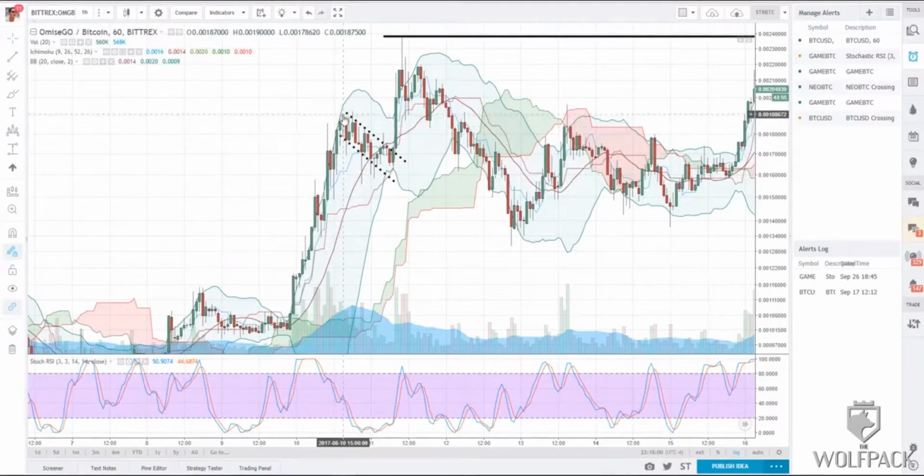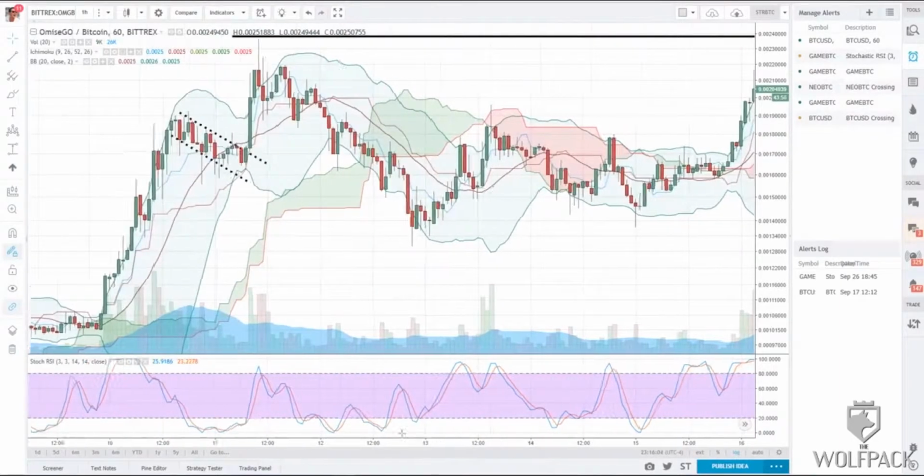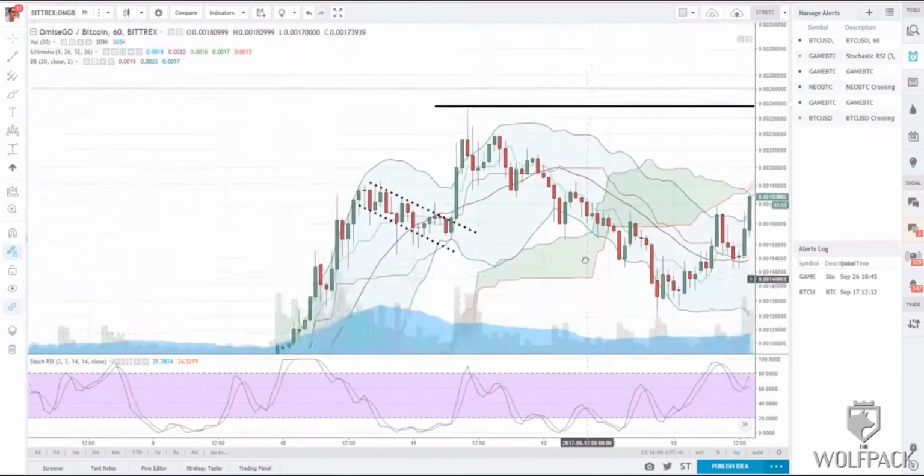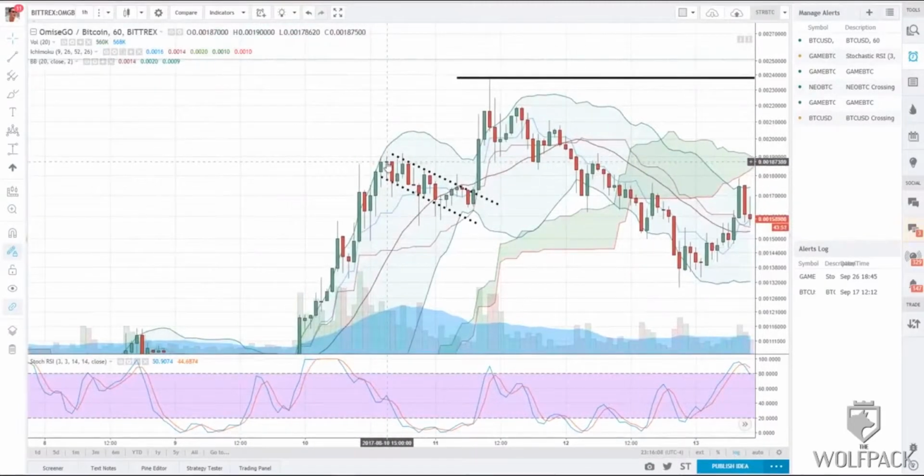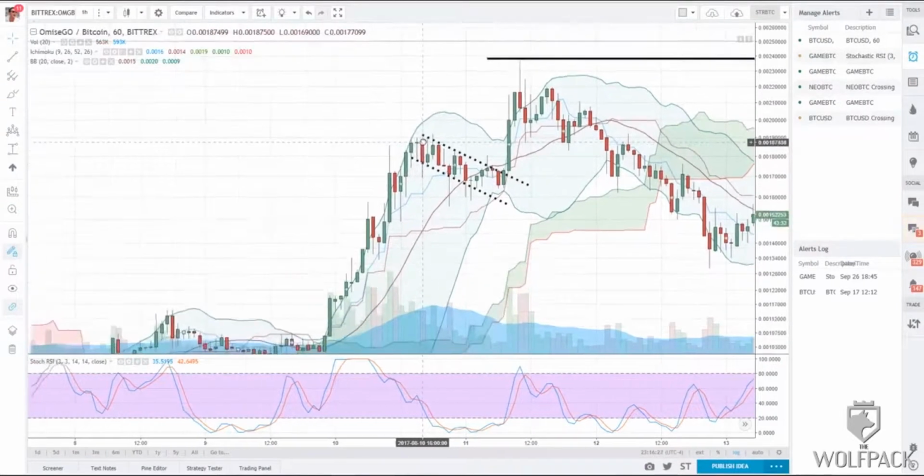I'll go over how to read the candles more in depth in a more advanced lecture, but this is a hammer right here. You see that tiny little green candle, and then the wicks in between. That's a reversal candlestick. So it starts to slow down. You can see that it starts to kind of curve and hit a ceiling. And then once you see that candle close, that's your cue to sell.